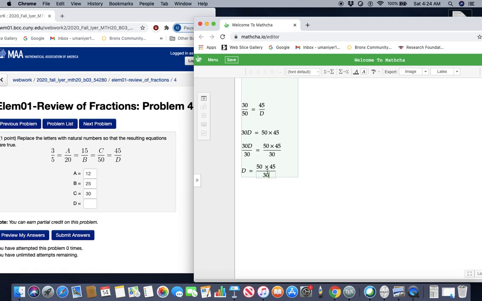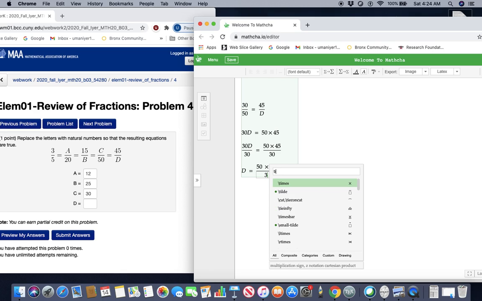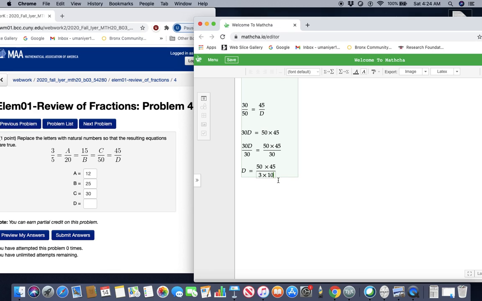I would like to start reducing. Notice 50 and 30. I can write 30 as 3 times 10 and 50 as 5 times 10, so the tens can be cancelled.